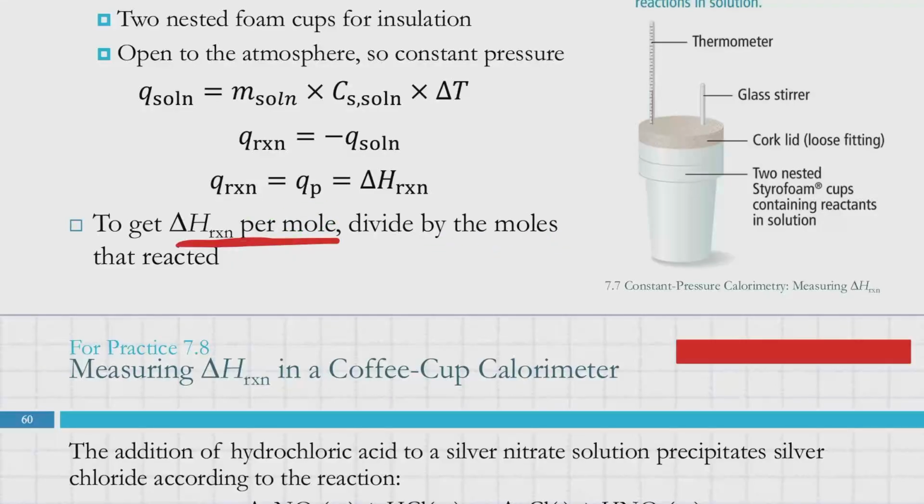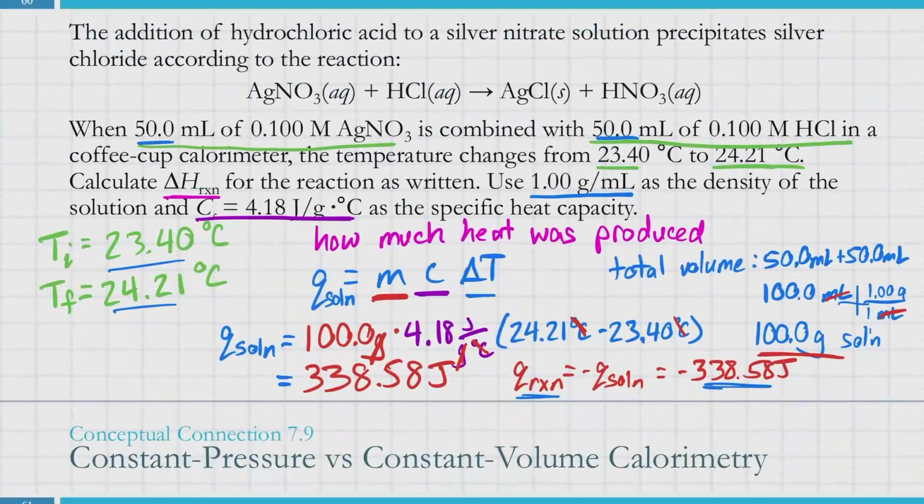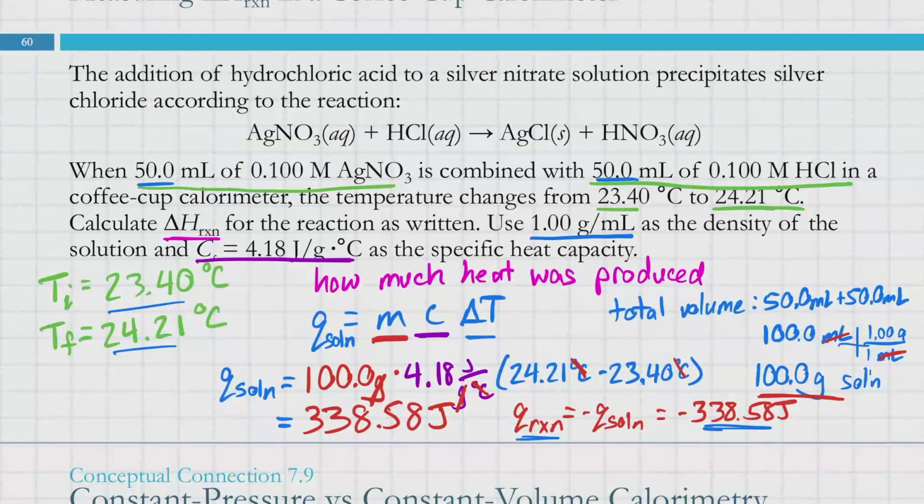This lets us relate it to different mole amounts that we used. So our last step is an important, little step. We need to divide by the amount of moles that we used of whichever of our reactants. They're all 1-to-1, so it doesn't matter which one we use. This is the last little step where you're most likely to forget.